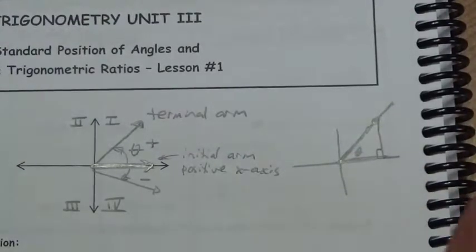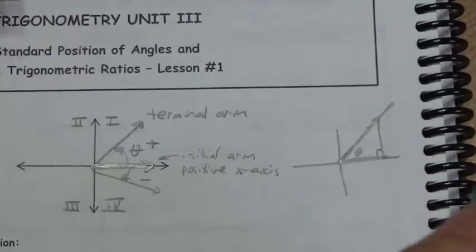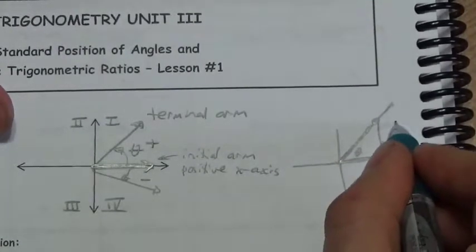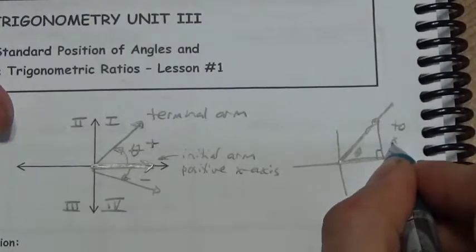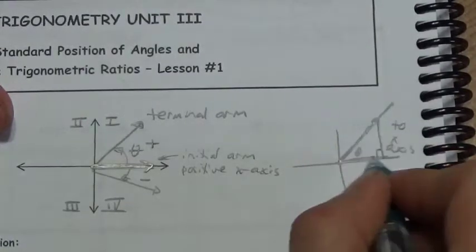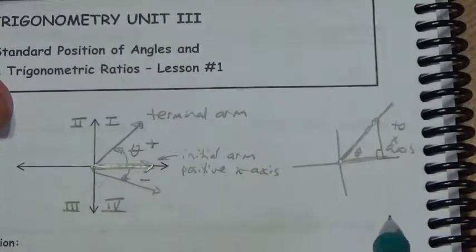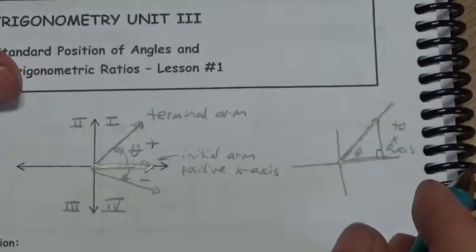I shouldn't necessarily say positive x-axis because it depends on where you are. But we're always going to drop that line to the x-axis to build our right angle triangle. So that right angle will always be on the x-axis. It's really important that you remember that.